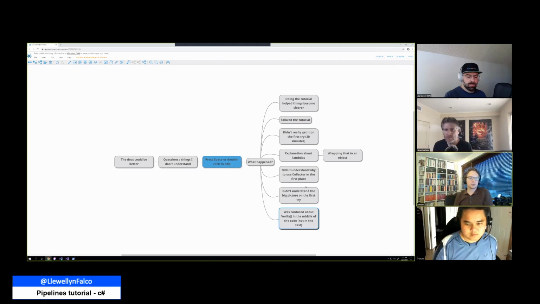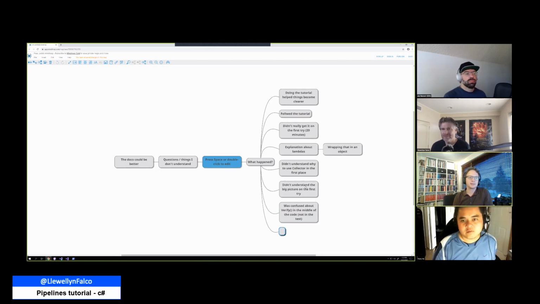I'm not sure if it's the right wording, but in Dutch we would say we had a couple of pennies dropping, like it started to be understood.